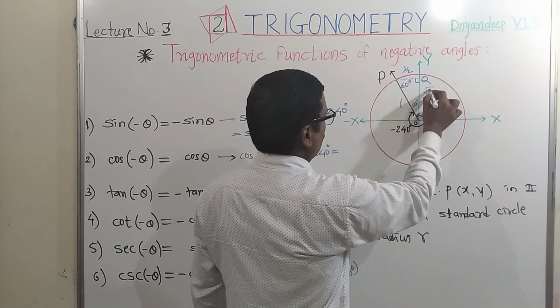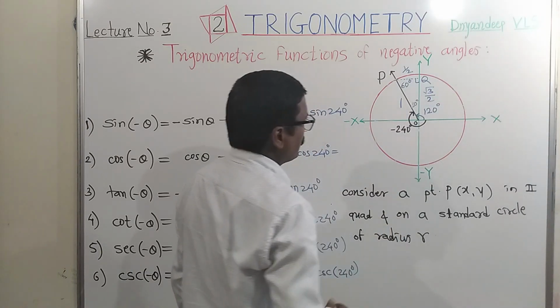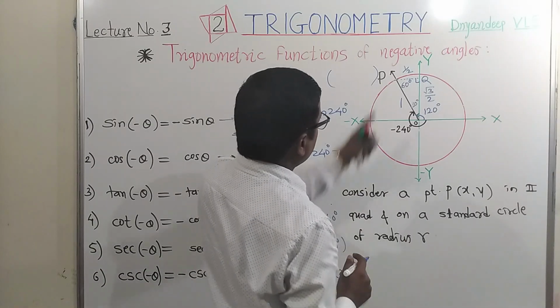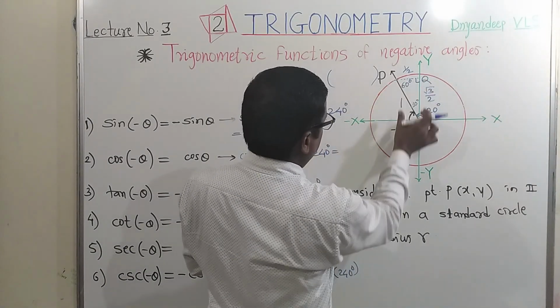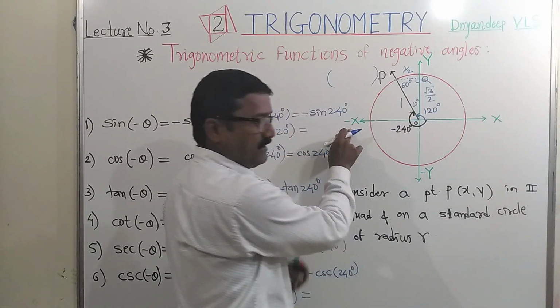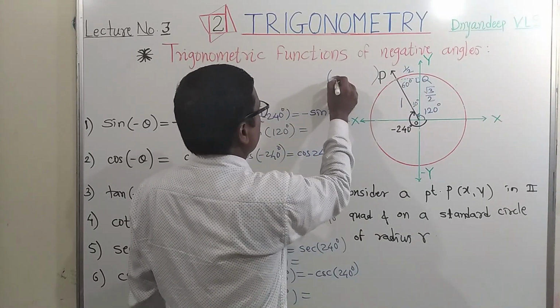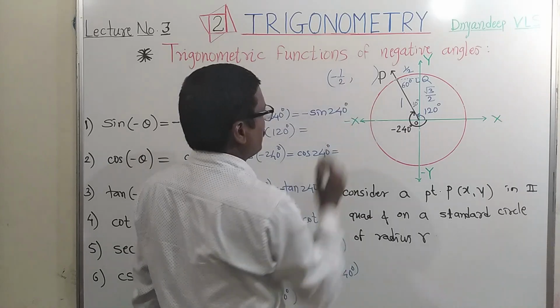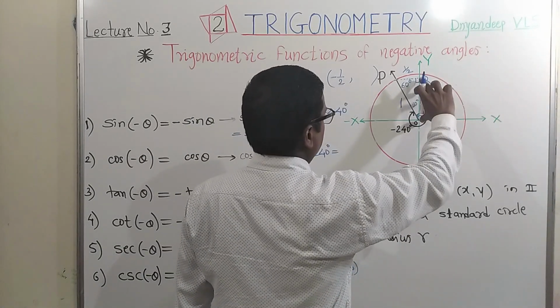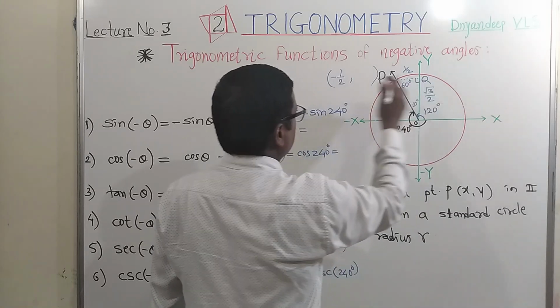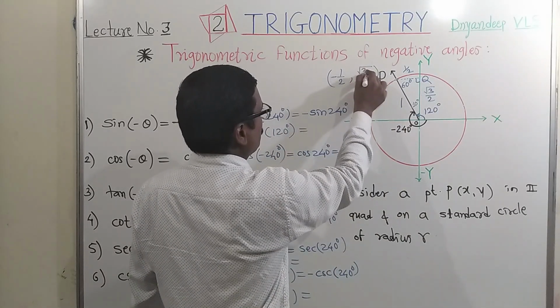It is root 3 upon 2. So the coordinates of point P will be: its x coordinate is nothing but this much, but it's along the negative x axis, so it is minus half. So the x coordinate of point P is minus half, and the y coordinate is nothing but this distance OQ, which is along the positive y axis, so that distance is root 3 upon 2.